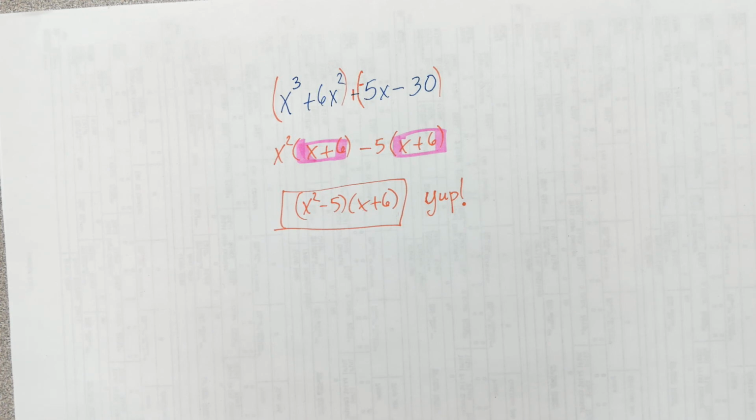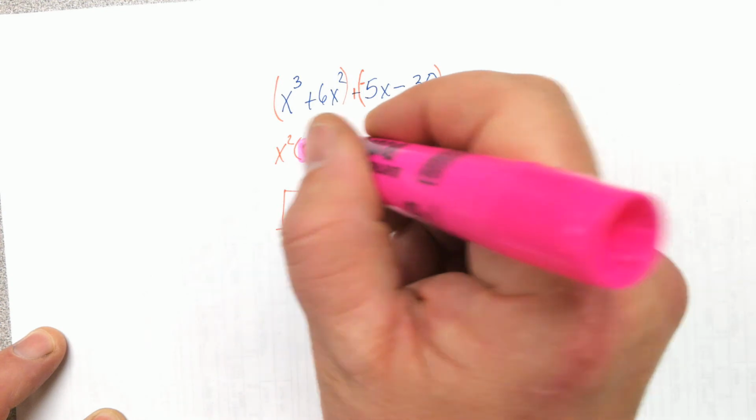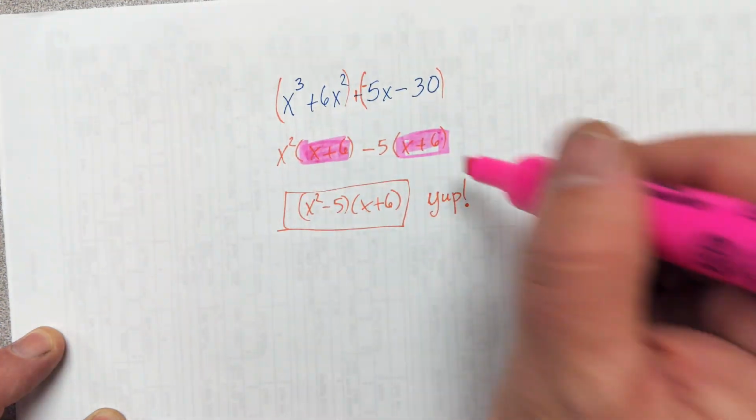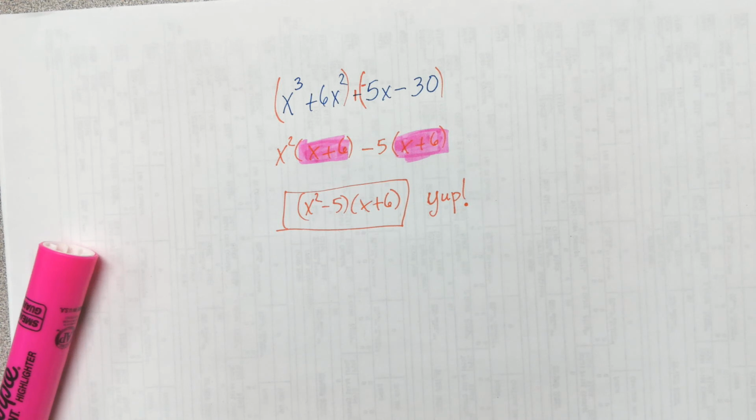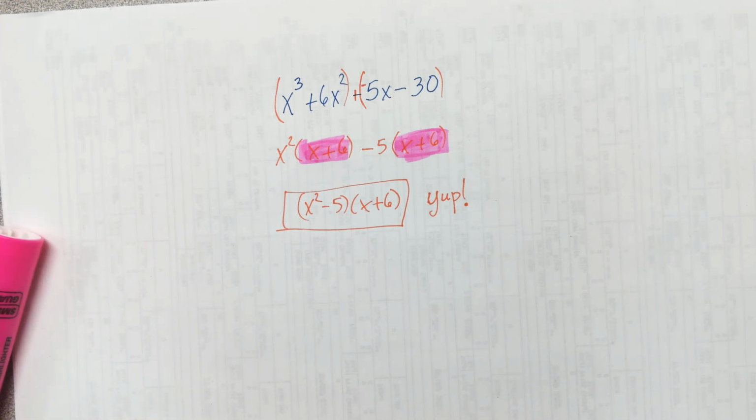It's alright if you write it backwards, if you wrote x plus 6 first, no problem. That's what you're going to put in parentheses, and the numbers that are left remaining you put in the other parentheses. See it now? You know what's funny is it's there the whole time. Nothing changed except for your understanding, and it's like, whoa, how did I not see that? It's weird.